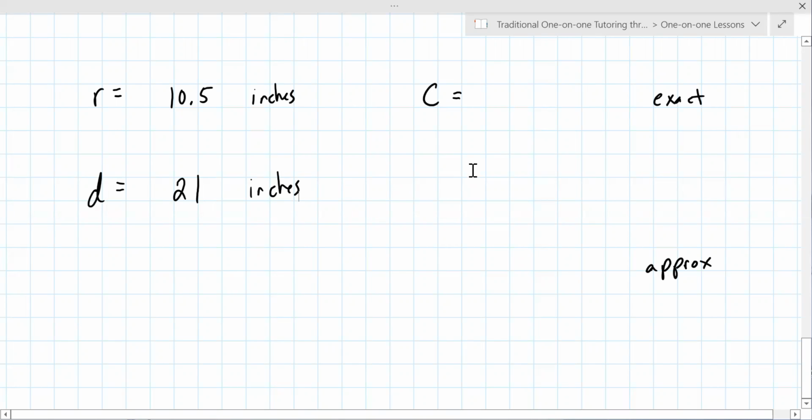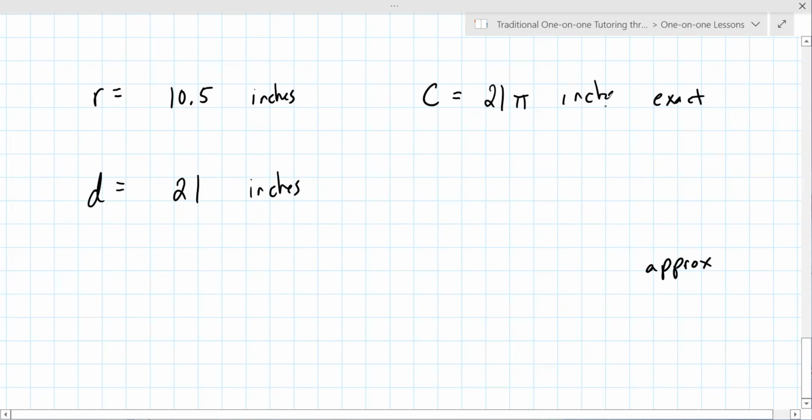Okay. Sourish, do you have a question? C right there, that's C equals... that right there is going to be 21 pi inches.